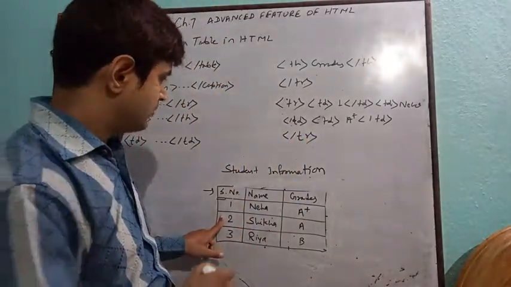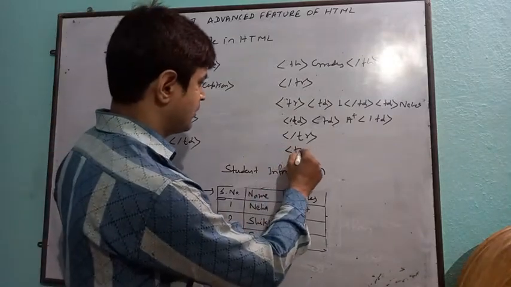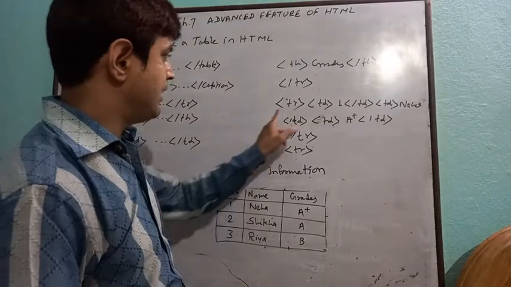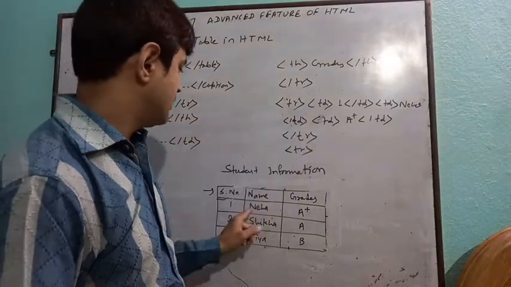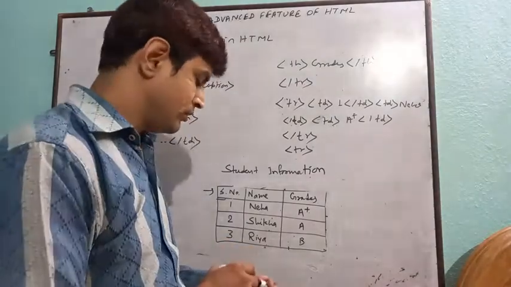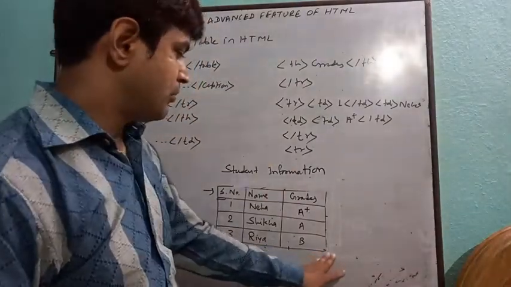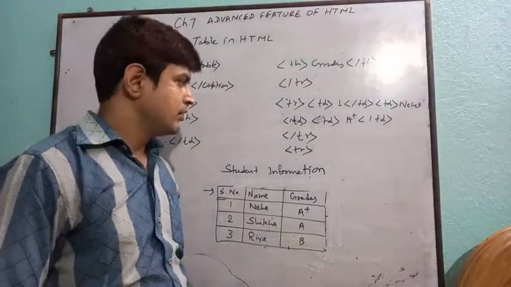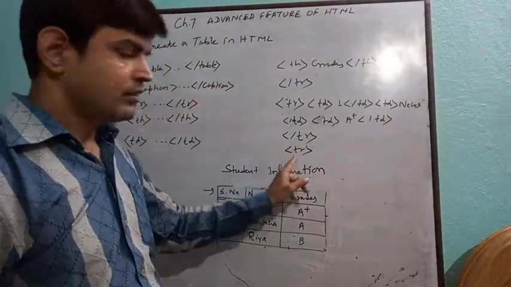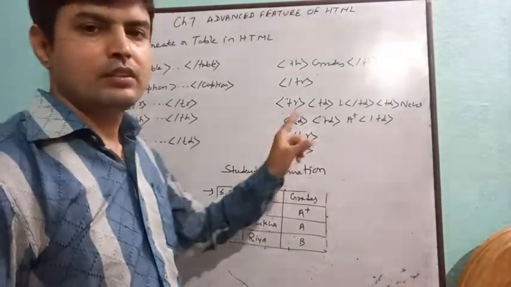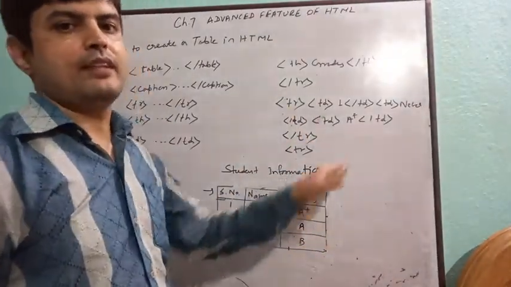For the third row, we start the TR tag, then write the code as it has been written for the second row, and so on. And after completing up to the last cell, that is this cell, close the TR tag and close the table tag and close the body tag and close the HTML tag.